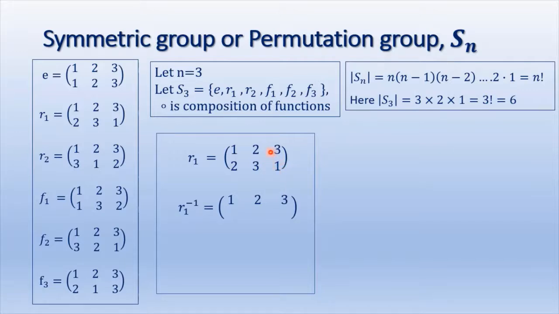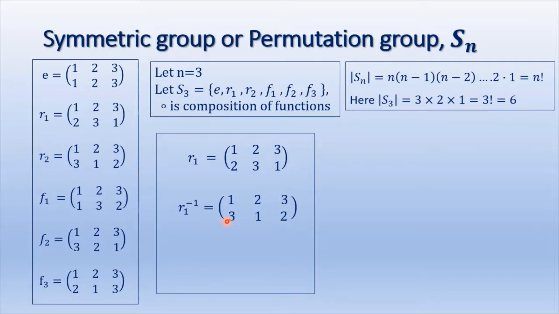So the inverse function R1 inverse will have 1 mapped to 3. Similarly, the pre-image of 2 is 1. So here correspondingly you write 1. Similarly, the pre-image of 3 under the mapping R1 is 2. So here you write 2.